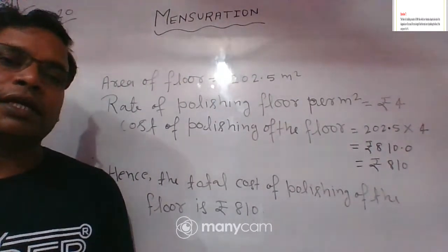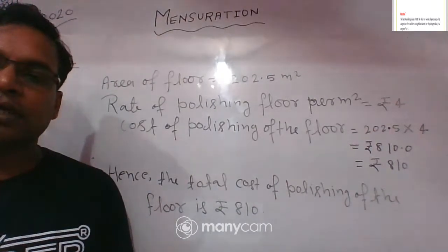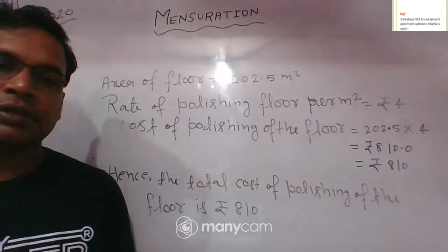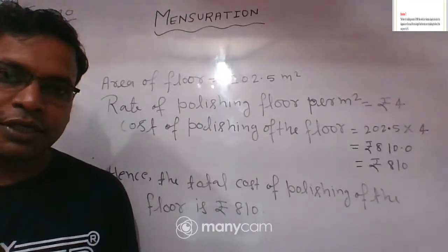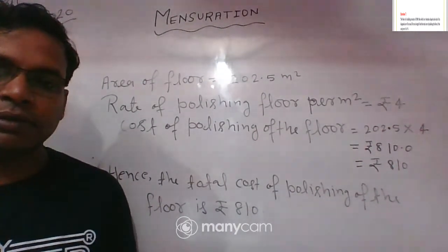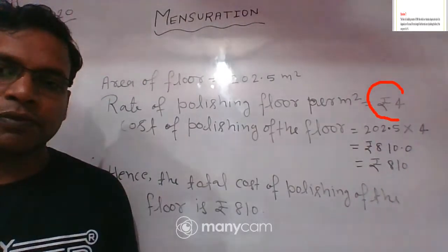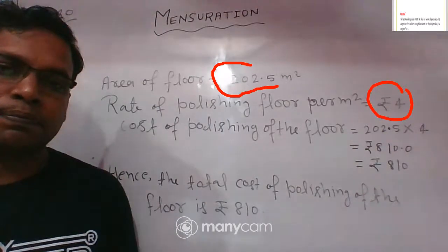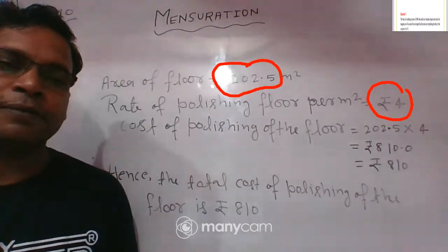Okay, and the rate of polishing is given. What is the rate? This is given as rupees 4, and this is the area of the floor.